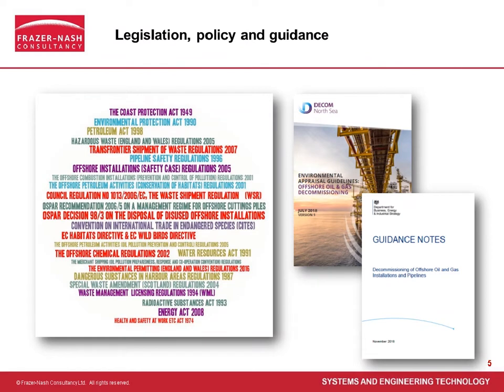Likewise, there may be a need to amend greenhouse gas emissions permits under the Greenhouse Gas Emission Trading Scheme Regulations. There's also likely to be a requirement to develop an oil pollution emergency plan under the Merchant Shipping Oil Pollution Preparedness Response and Cooperation Convention Regulations.